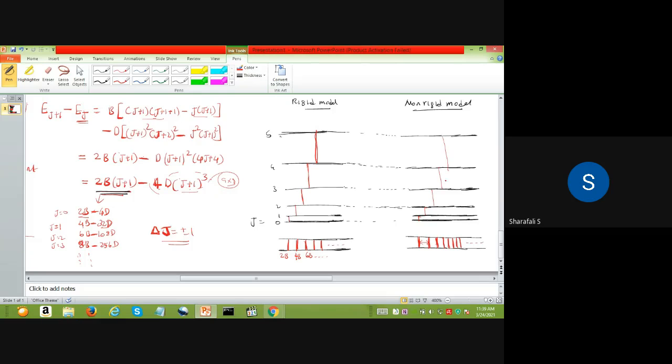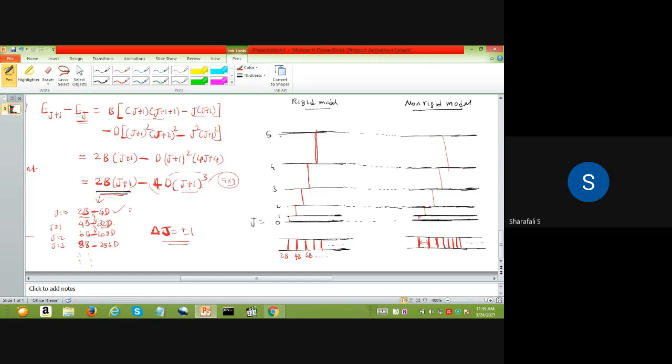So we have all those transitions here, and from each transition we will be having different lines. From this you can see that 2b minus 4d is the first one, and then we have 4b minus 32d. If you take the difference between these two, that will not be the same as the difference between the next two.